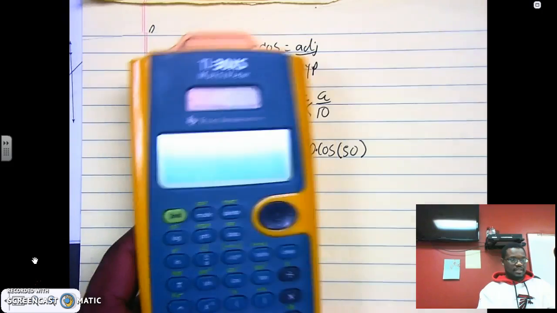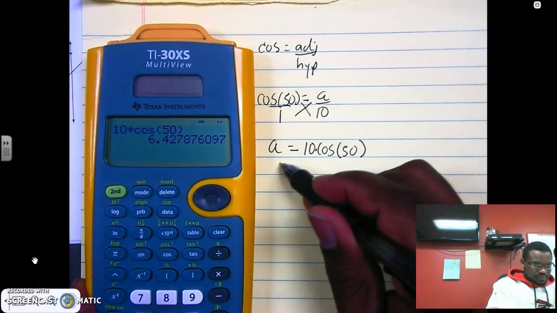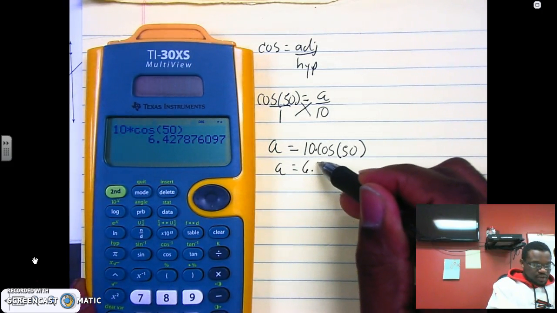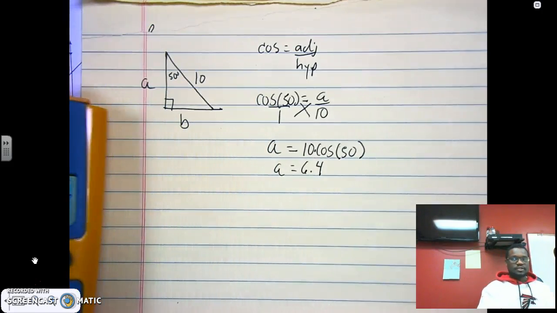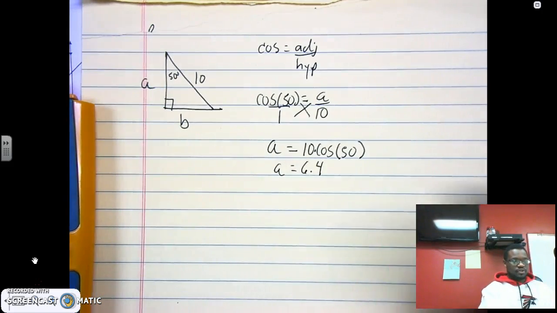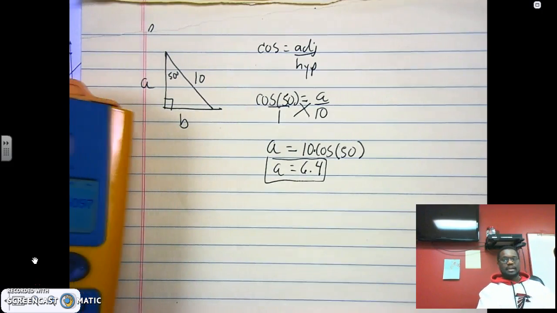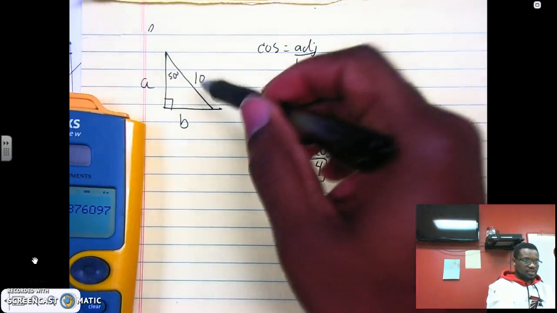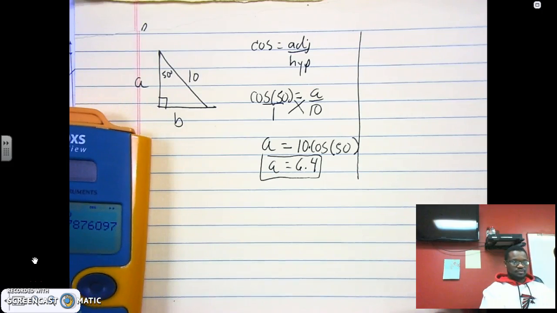So when I hit 10 times the cosine of 50, close it up, you get A equals 6.4. Let's just keep it at 6.4. So we found A equals 6.4. If we wanted to, we could apply the Pythagorean theorem with 6.4 and 10, but let's continue using the trig functions.